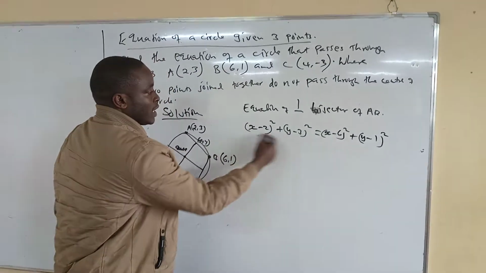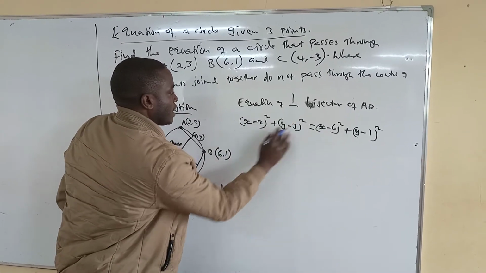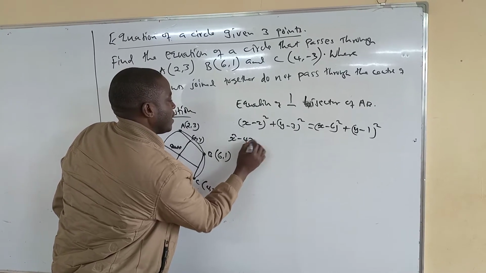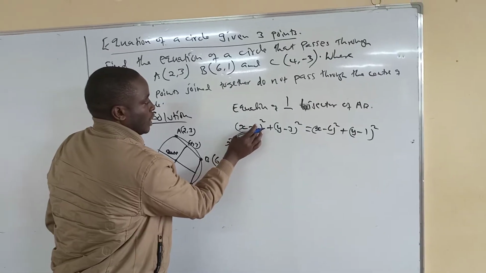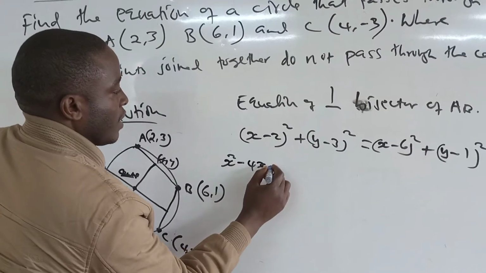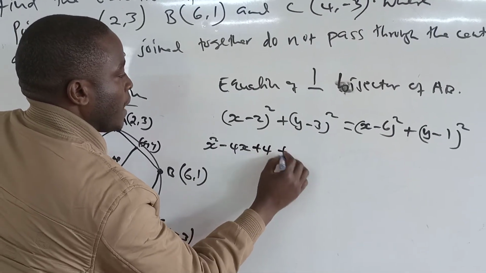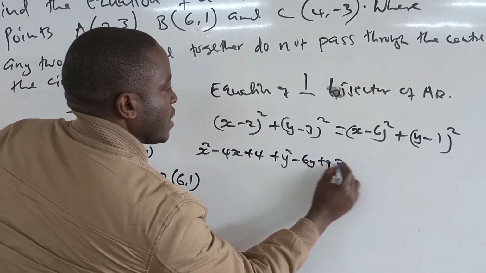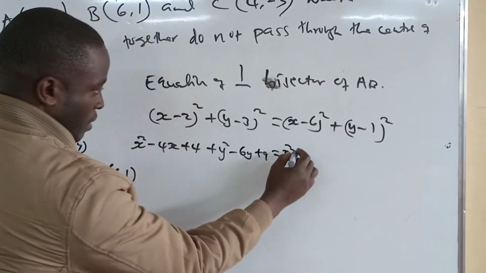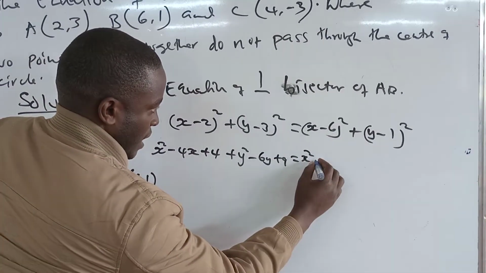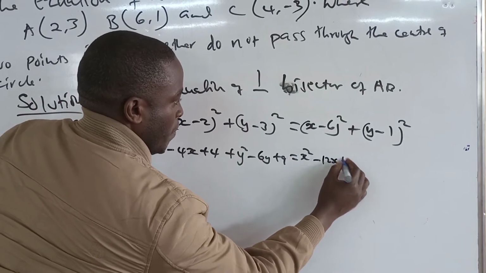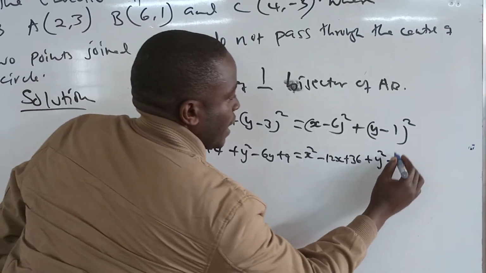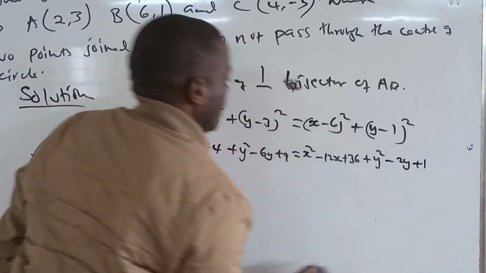If you expand this and this, it will be x squared minus 4x, that is 2ab, 2 times 2 times x, then plus 4, then y squared minus 6y plus 9. This is equal to x squared minus 12x plus 36, then plus y squared minus 2y plus 1.